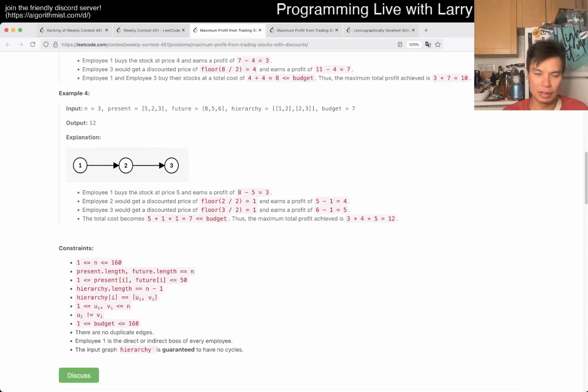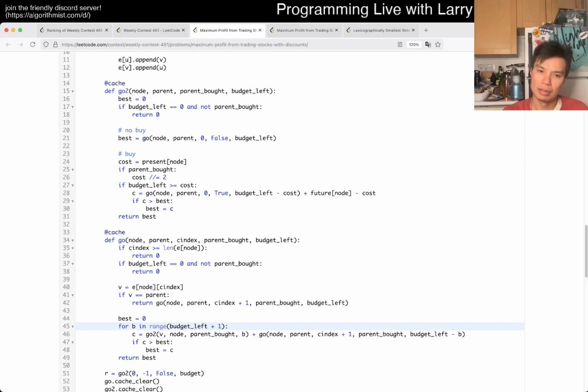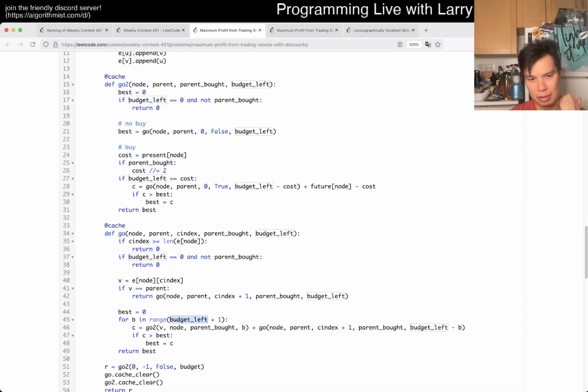Is this a tree? It is a tree. So that's 160, 160, 160. How do you eliminate one part of it? I mean, 4 million should not be that bad, honestly.